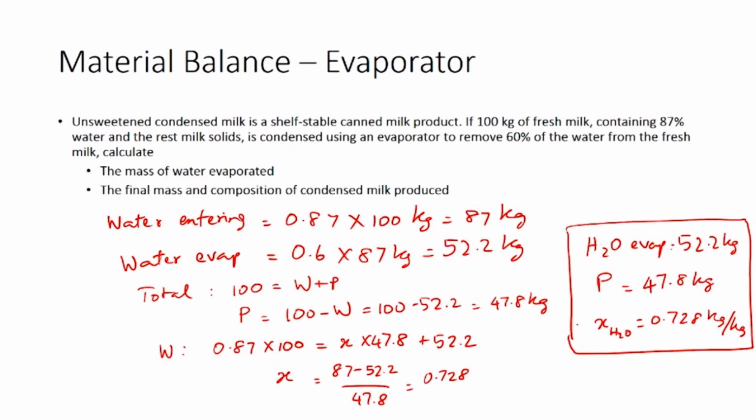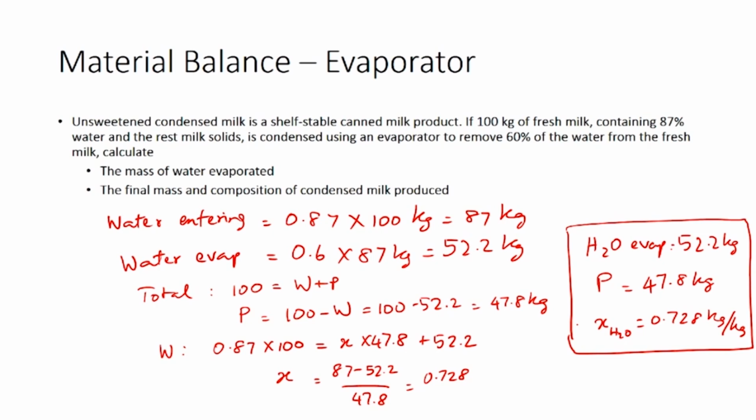First one is water leaving as water evaporated from the evaporator, and the other is water leaving the system as a component of the condensed milk. So, these two have been written down as 52.2 and x times 47.8.